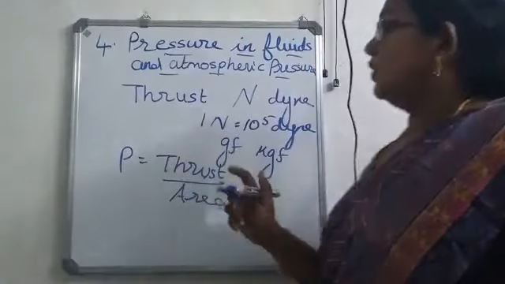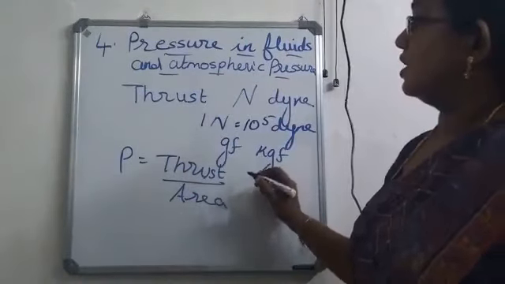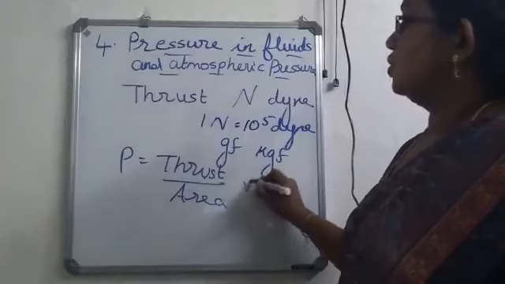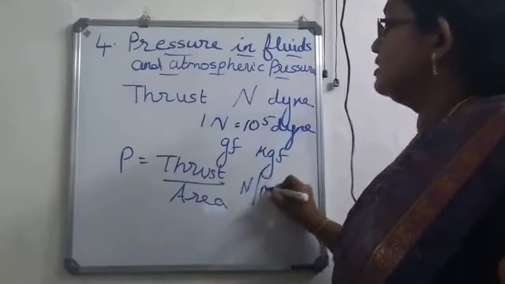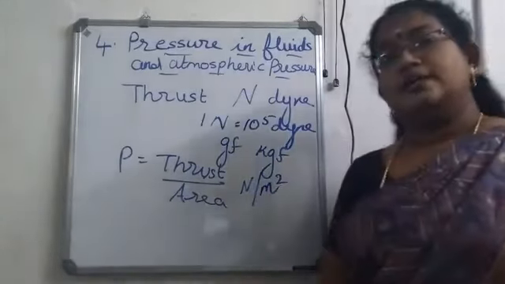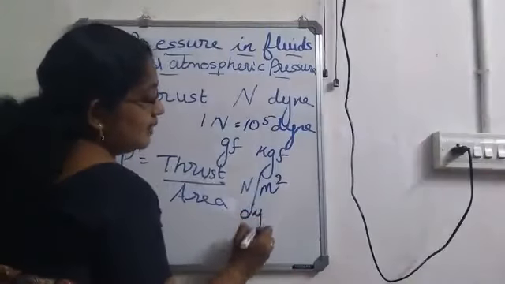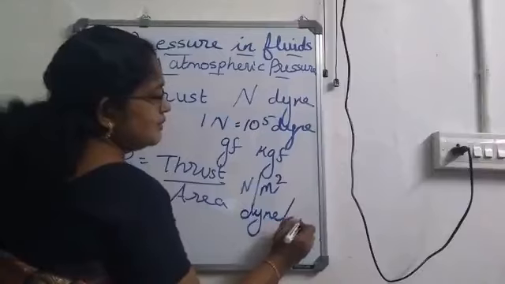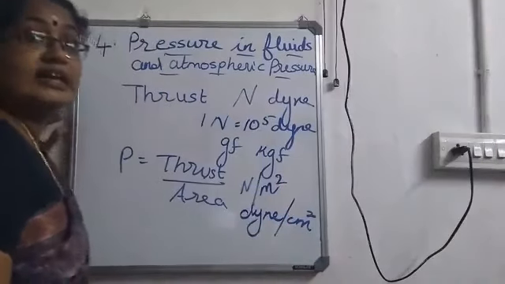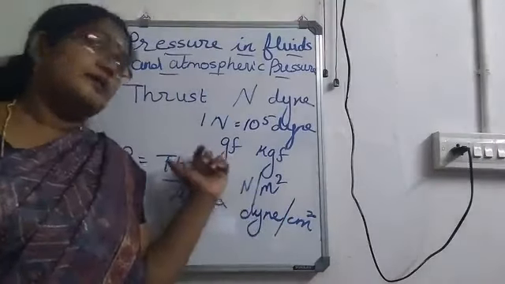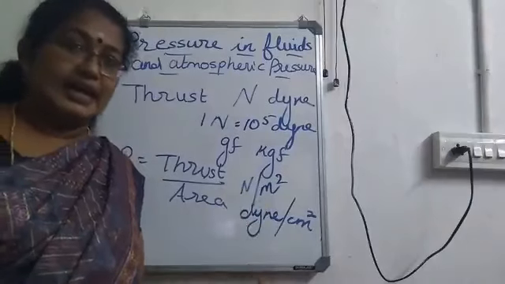Now what about the unit for pressure? From this equation, unit for thrust is Newton and for area it is meter square. So Newton per meter square is the unit in SI system, and dyne per centimeter square is the unit in CGS system, because pressure is thrust by area.